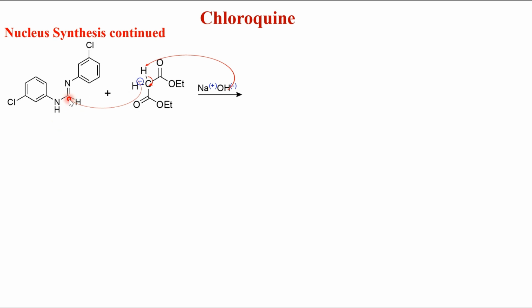This is electron deficient as there are two electron withdrawing groups adjacent to it, and the pi electrons move onto the nitrogen, and nitrogen gains electron richness. Then again, these electrons move towards this positive center, and the bond between carbon and nitrogen breaks, and this gets lost.